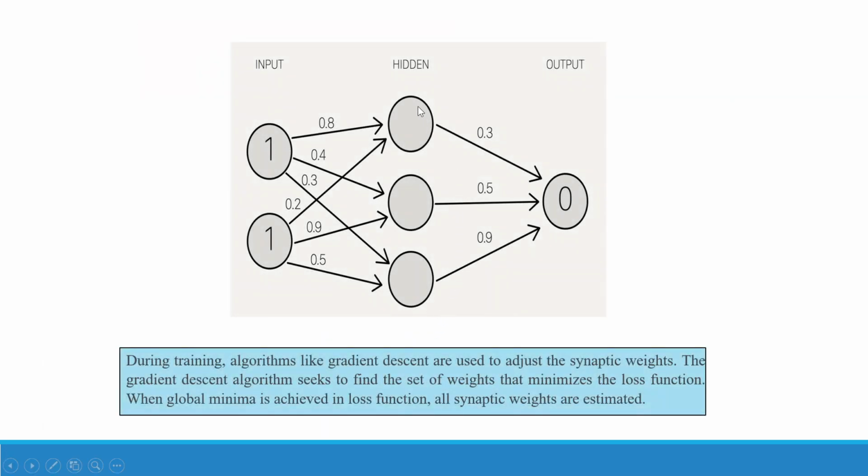So once we achieve the global minima, the weights are fixed. During training, algorithms like gradient descent are used to adjust the synaptic weights. The gradient descent algorithm seeks to find the set of weights that minimizes the loss function. When the global minima is achieved in the loss function, all synaptic weights are estimated.